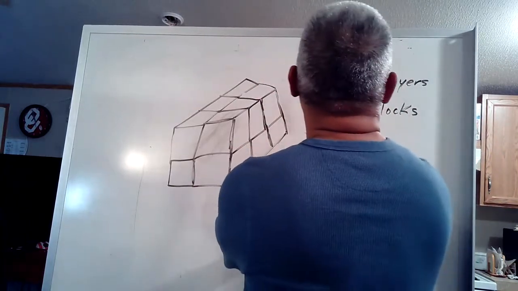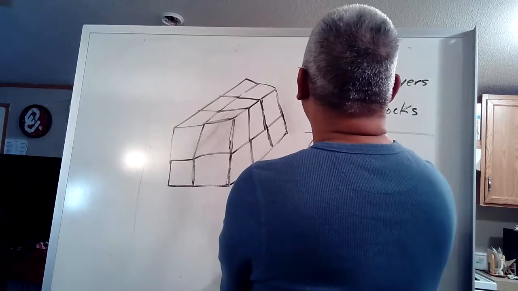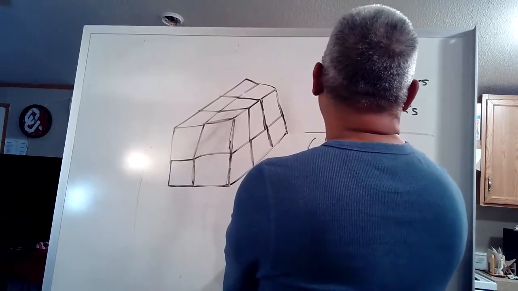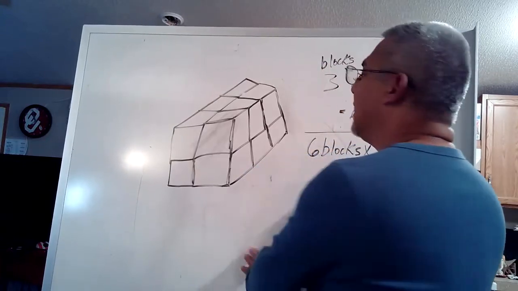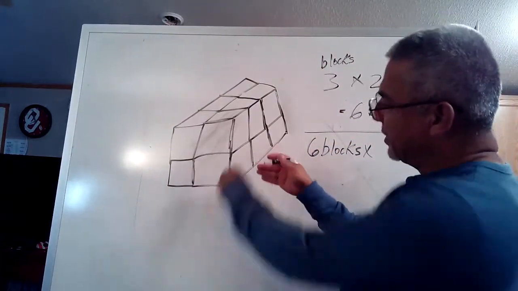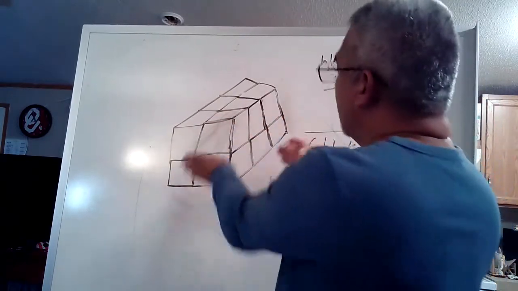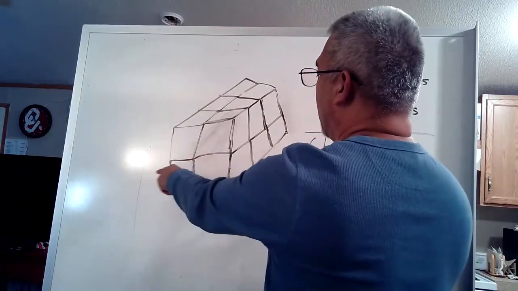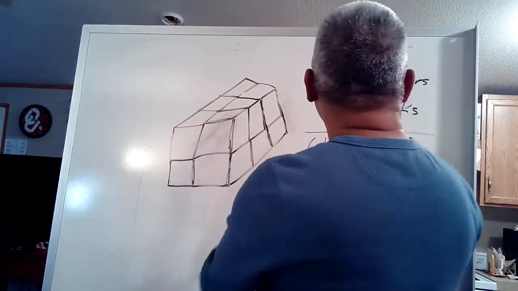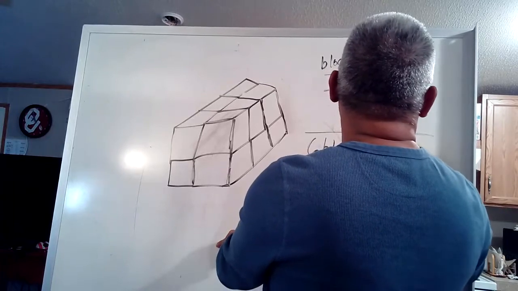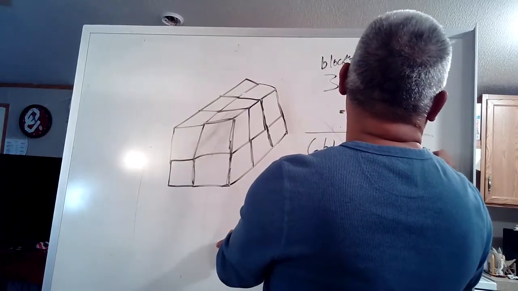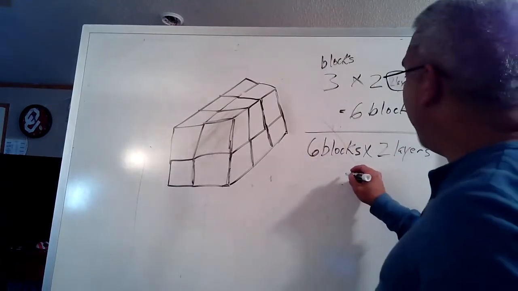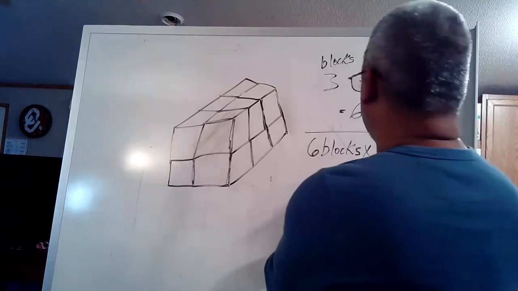So now we have a total of 6 blocks. 6 blocks times how many layers? Like I said, if you make it fold down, level 1, level 2. So I have 2 layers. 6 times 2 is 12. So now I have 12 blocks.